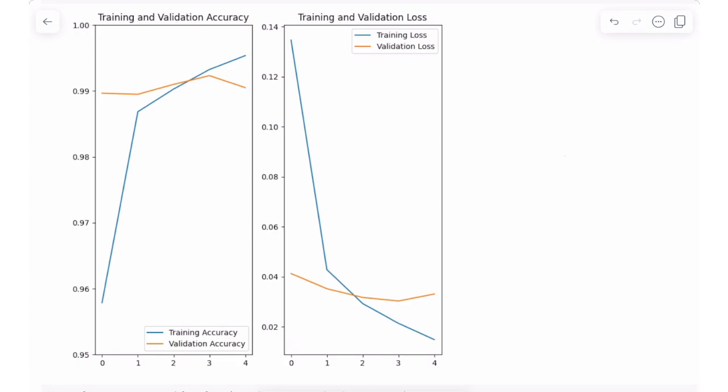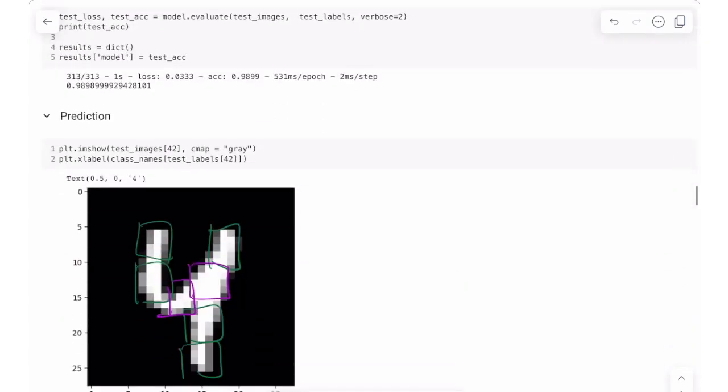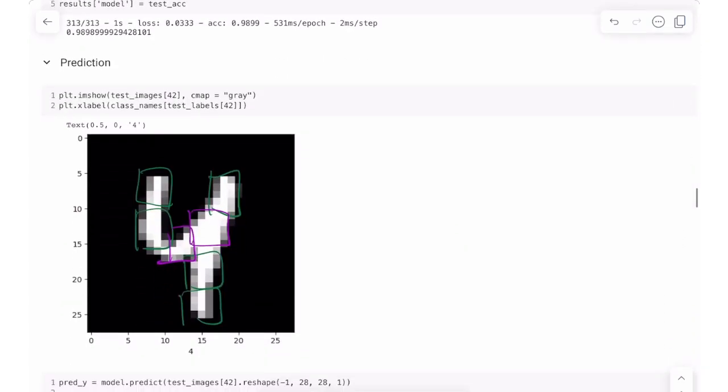Since the validation loss seems stable, maybe you can stop right here. Of course you can add more epochs in your training to see if the accuracy becomes lower or even higher.